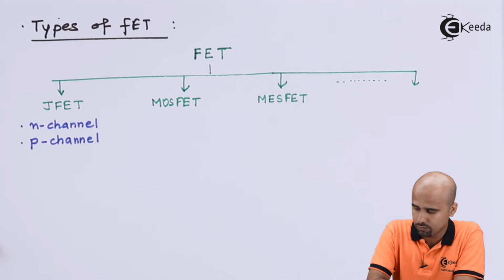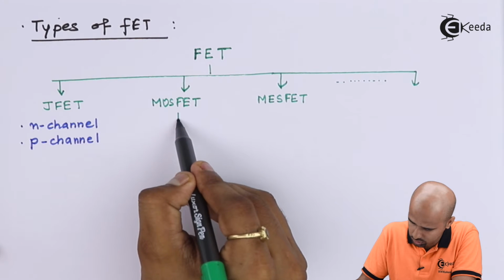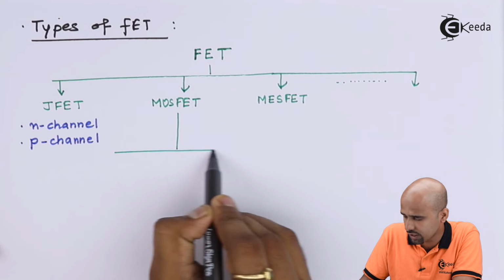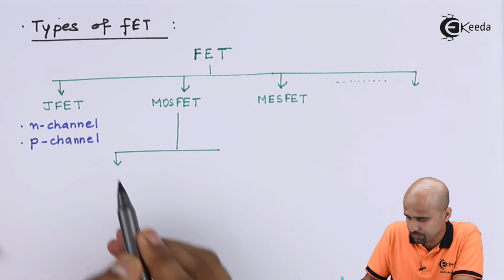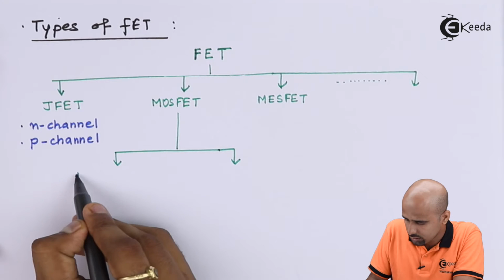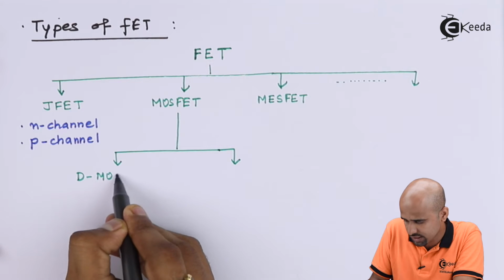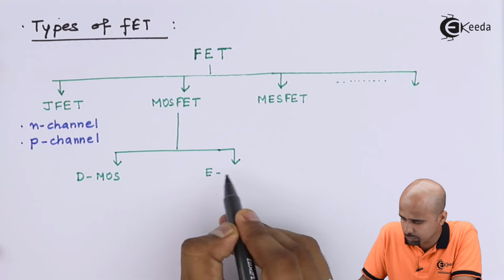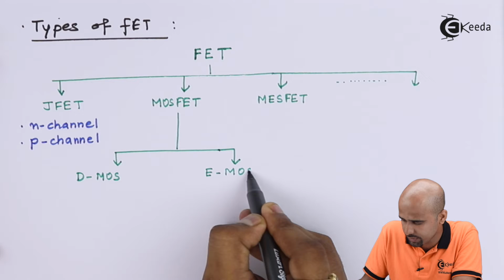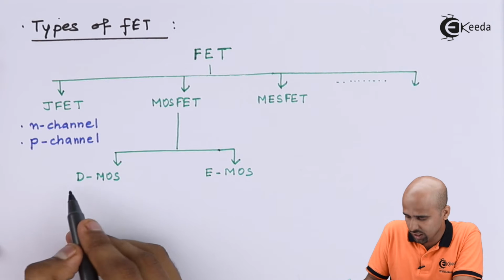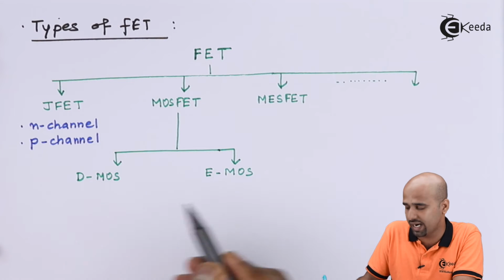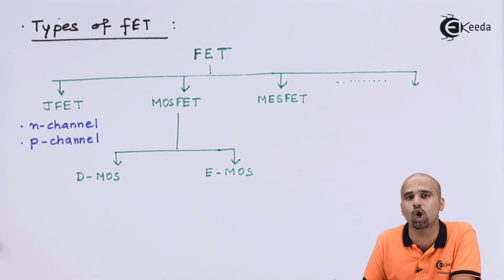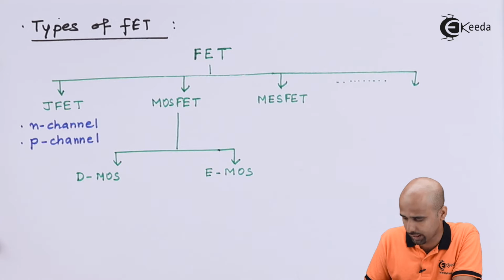In the MOSFET, we have two further classifications, that is DMOSFET, called the depletion type of MOSFET, and another is EMOSFET, that is the enhancement type of MOSFET. Here the channel is already present, and here we have to induce the channel.